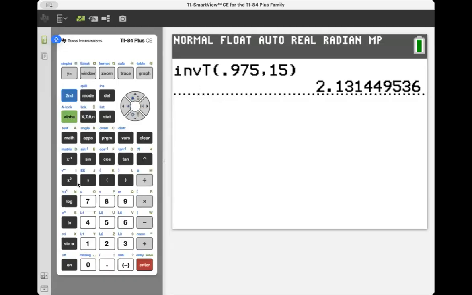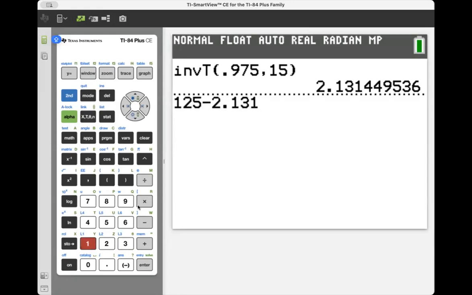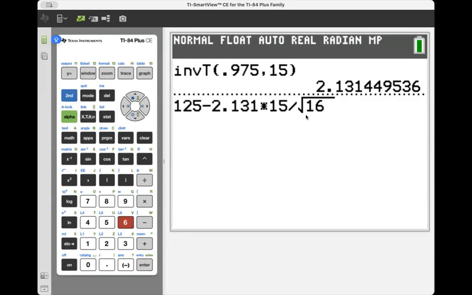So here I am. I'm going to go 125 minus 2.131 multiplied by the standard deviation of the sample divided by the square root of the sample size. This square root of the sample size we could do in our head.